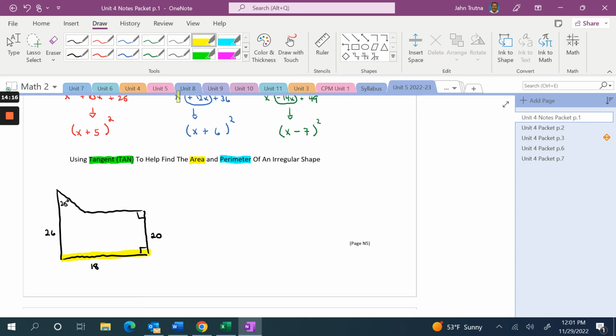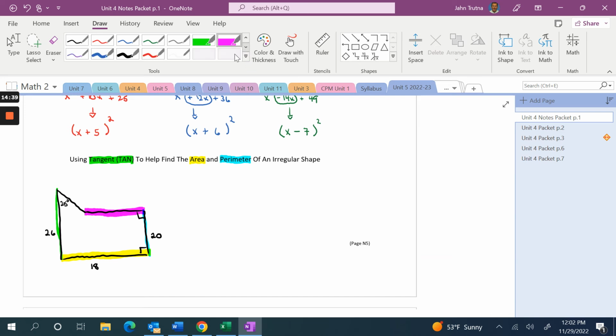So you can see that the bottom part is 18. The right side is 20. The left side is 26. And then you can see that there are two sides that I do not know. I have the length of that side right there, which I highlighted in that purplish color.